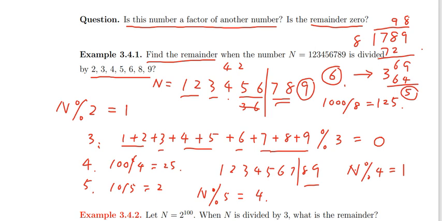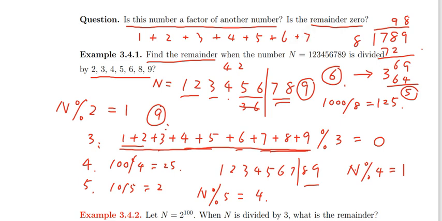So how about 9? For 9, it is just like for 3: we check the addition of those digits to see if this number can be divided by 9. So we add them up: 1 plus 2 plus 3 plus 4, 5, 6, 7, 8, 9.